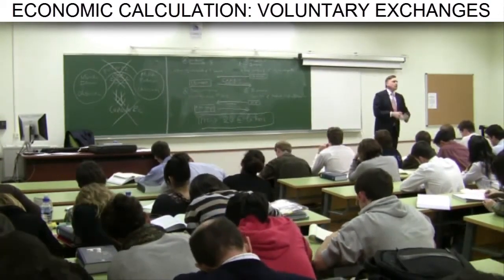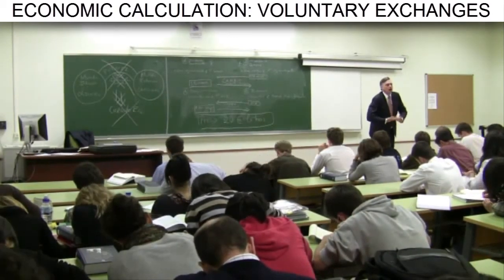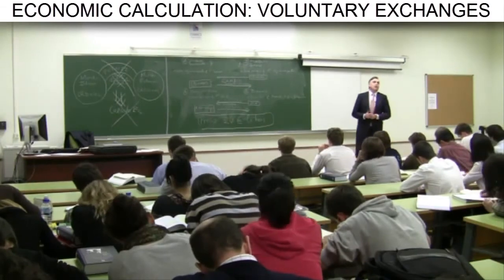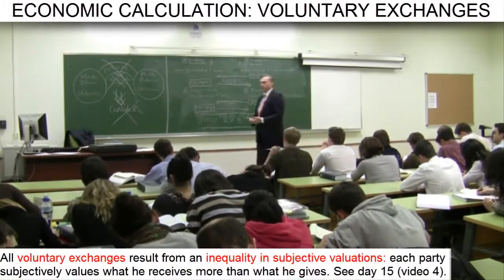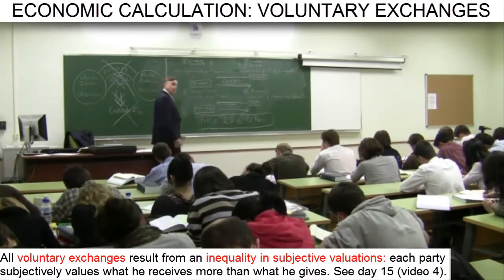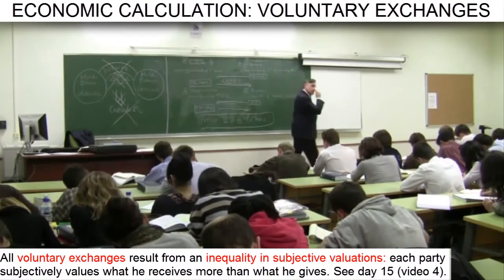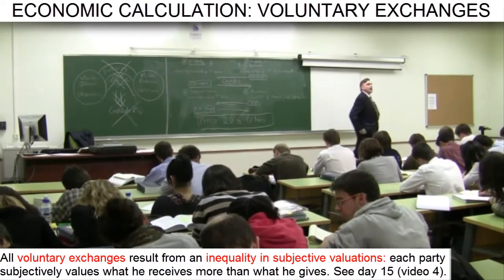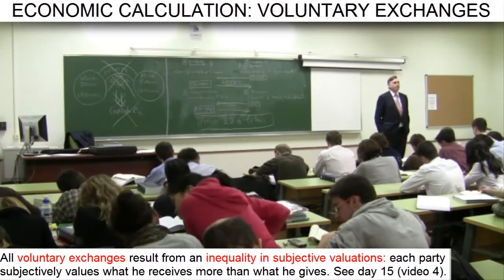Every voluntary exchange, this is an essential law of economics, and it is so important that we're going to repeat it over and over again. Every voluntary exchange results from an inequality in subjective valuations, and these valuations are the reverse of each other. Each party must subjectively value what he lacks, and hopes to receive more than what he has and plans to give.